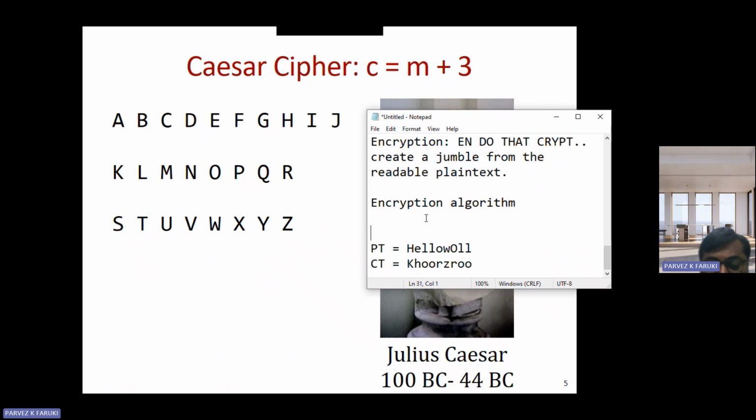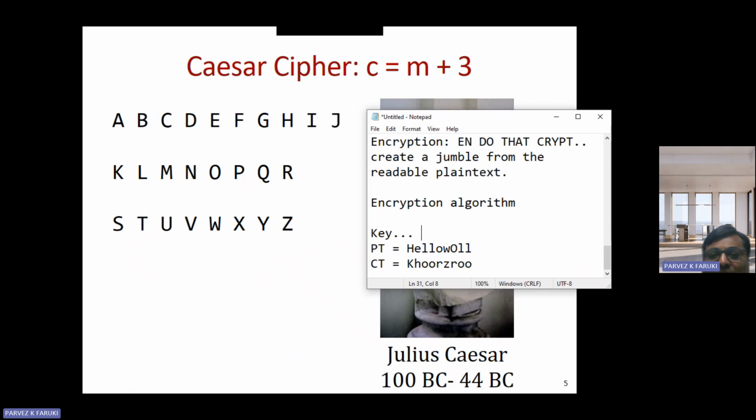What was important was the key, and it was fixed that for each character you add 3 characters and replace it with the original letter.